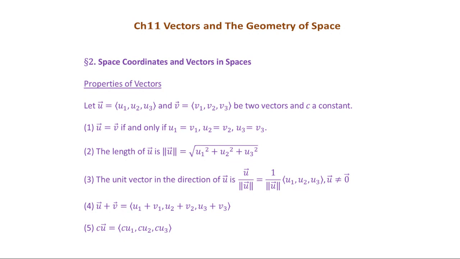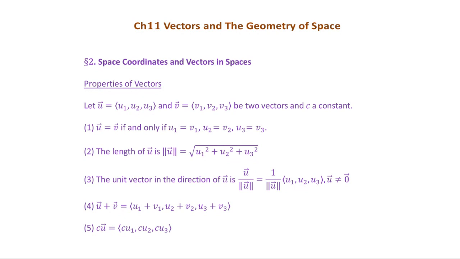You just add the one component in here, u3 squared, to the length of two-dimensional vectors. Okay, and the notation is the same. You put two vertical bars on u.